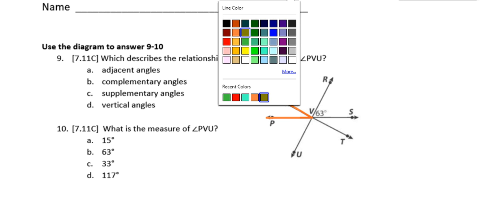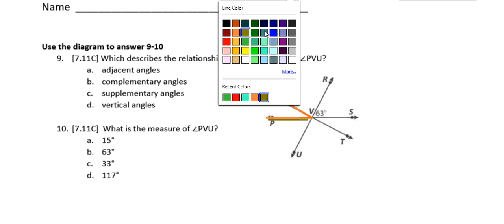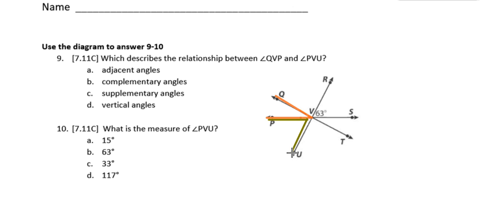P to V to U is this one right here. Well, they're not exactly 90 degrees or 180 degrees, so the only thing they really have in common is they're adjacent or next to each other.